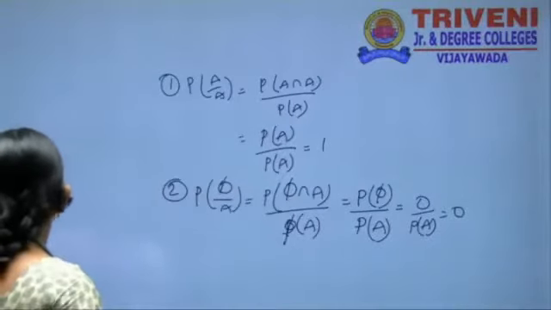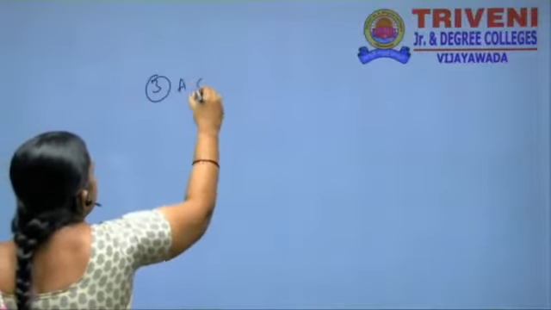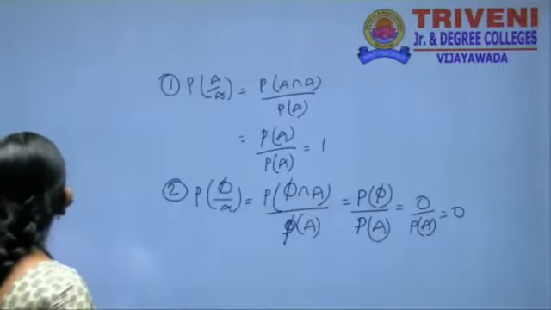Next, the third bit. What is given here?